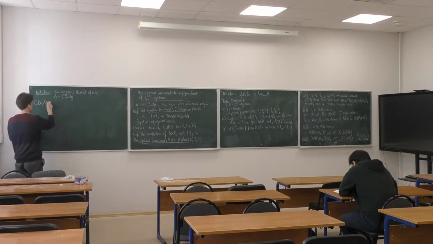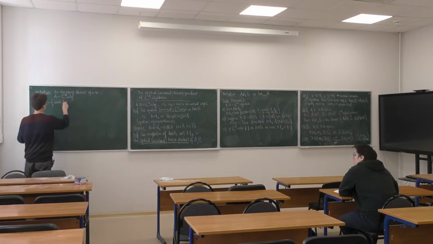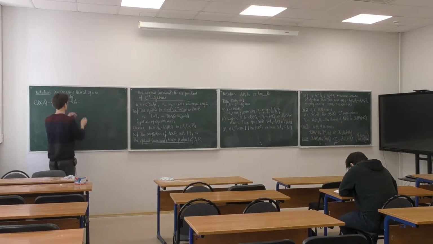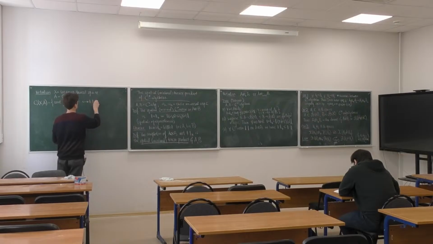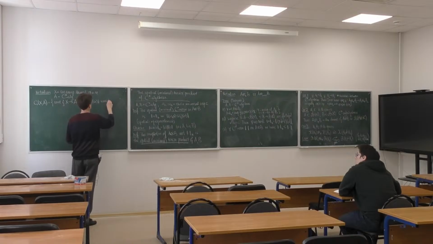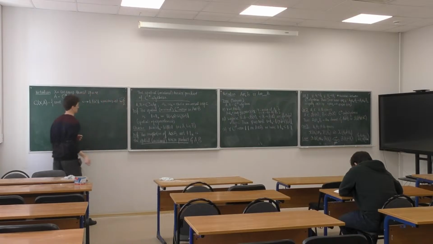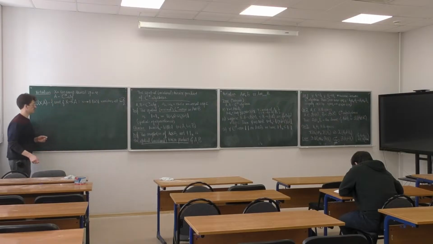So this algebra consists of all continuous functions f from X to A, such that the norm, that is the function which takes x to the norm of f of x, vanishes at infinity. In this case, we can say that f itself vanishes at infinity.